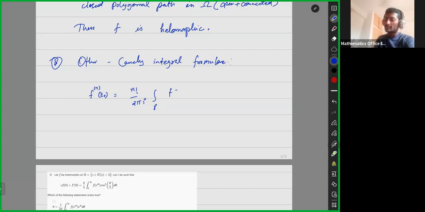So this can be written as f(z) divided by (z minus z naught) to the power n plus 1 dz, for n bigger than or equal to 0. It works for all these formulas.